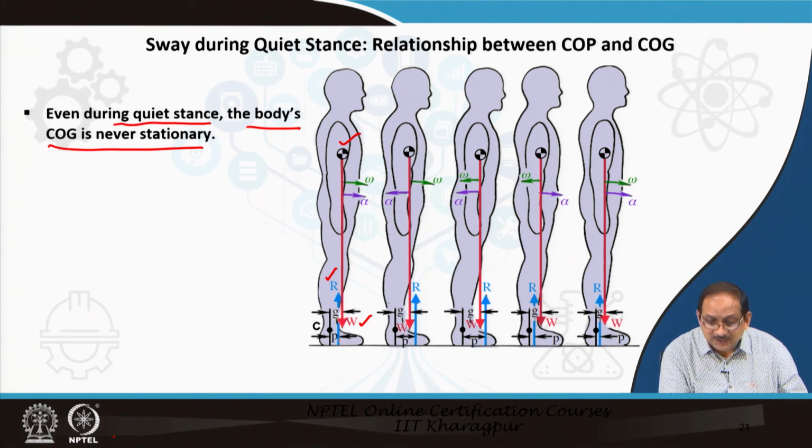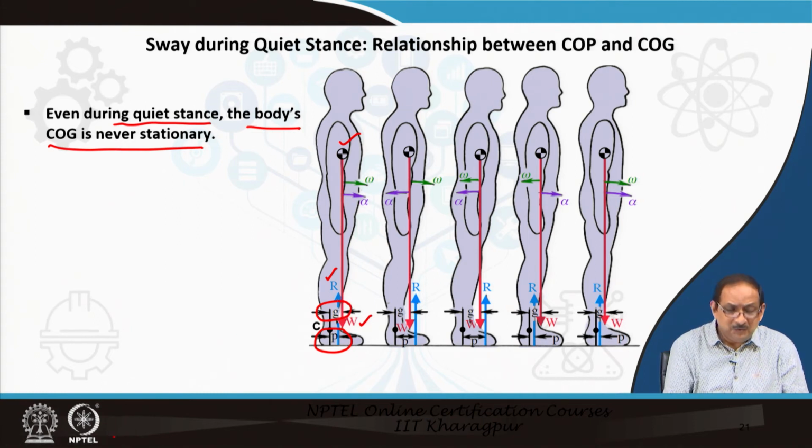So, the line of action R is located at a distance or lever arm P, whereas the distance G, as indicated in the figure, is the lever arm for the weight vector about the ankle joint center. The ankle joint center C is indicated by the black circle in the figure.